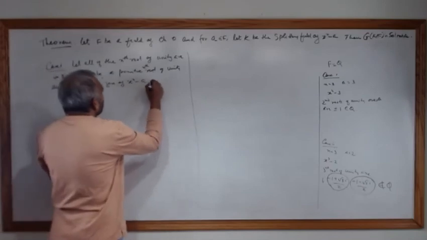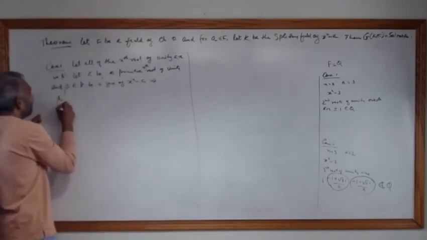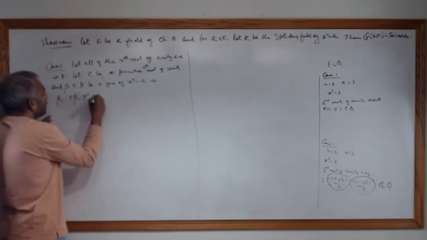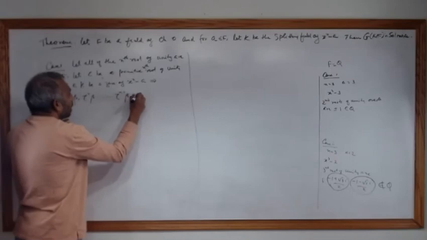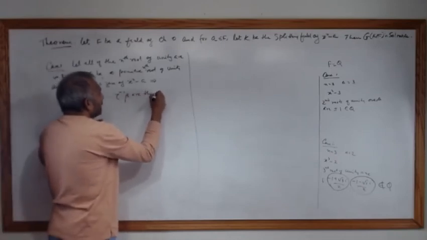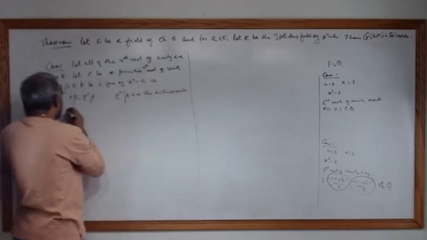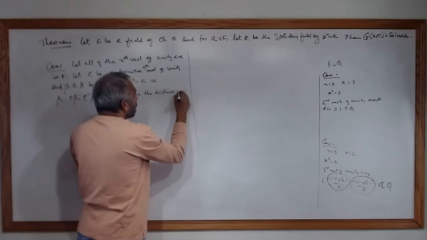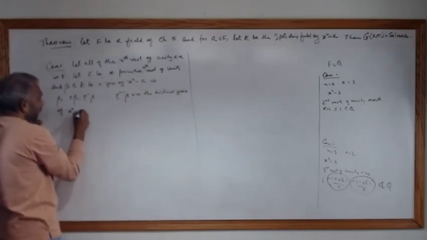This implies beta, zeta beta, zeta squared beta, ..., zeta to the power of n minus 1 beta are the distinct zeros of x to the power of n minus a.